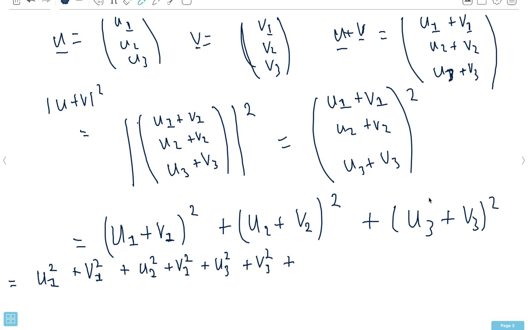Then now we just need to look at the middle term. So remember, we have u1 squared plus 2 times u1 times v1 plus v1 squared. We've taken out all of the squared terms, so now we just do the middle term. I don't really want to write 2 out so many times. Since all of these are going to have a 2, we can factor out like that. So 2 times u1 v1 plus u2 v2 plus u3 v3.